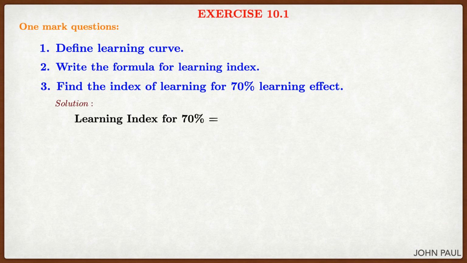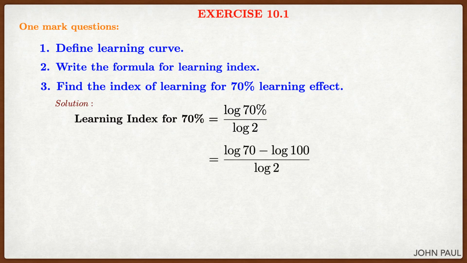Solution: learning index for 70% equals log of learning effect by log 2. Here the learning effect is 70%, therefore log of 70% by log 2. 70% can be written as 70 by 100. Log m by n is log m minus log n. Log 70 by 100 is log 70 minus log 100, all by log 2.